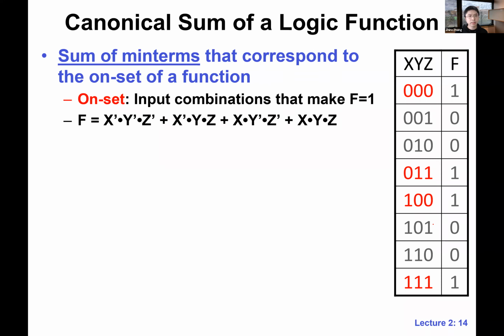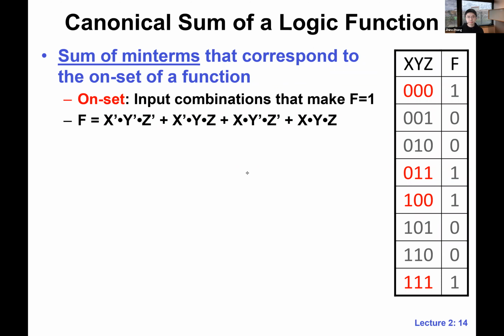We already discussed that given any input combination, only one and only one of the minterms will be a 1. So as long as we hit one of them, we're done. If all 4 of these evaluate to 0, that means the input combination is in the offset, so that's where F is a 0.